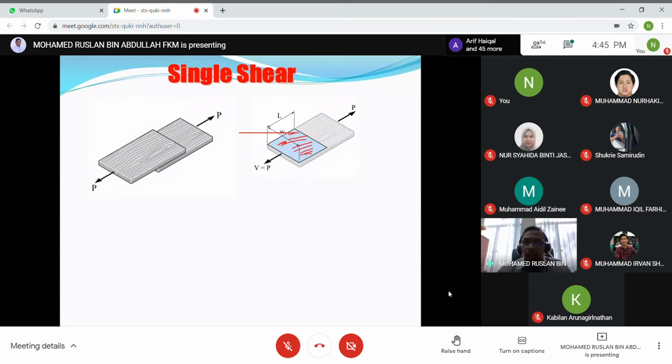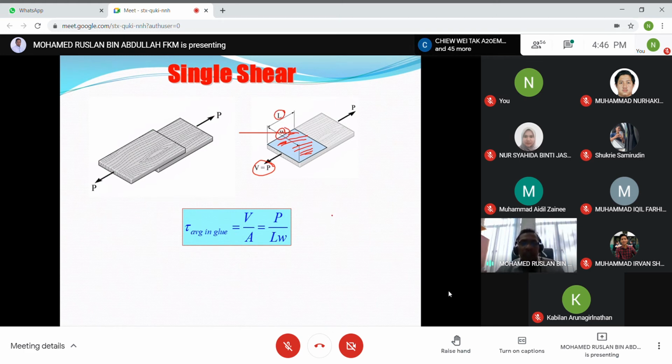How do we determine the shear stress in the glue? The same thing: shear stress in glue equals V over A, where V equals P, and the area covered by the glue equals L times W. This is the average shear stress in glue, and it is still a single shear.